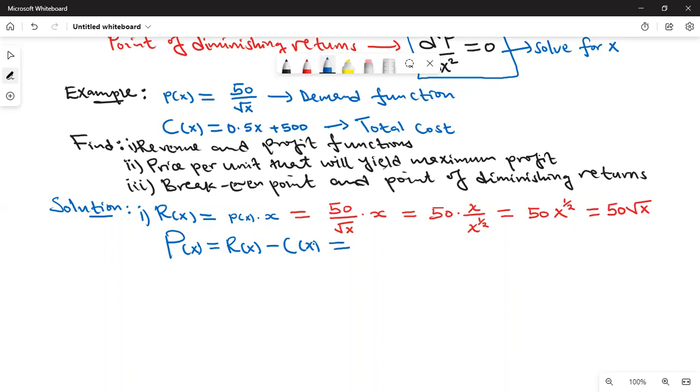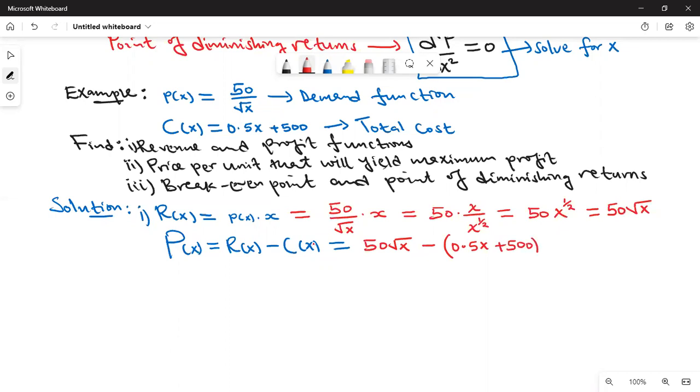And what will it be equal to? Take our revenue, which is 50 root x, minus our cost function, which is 0.5x plus 500.